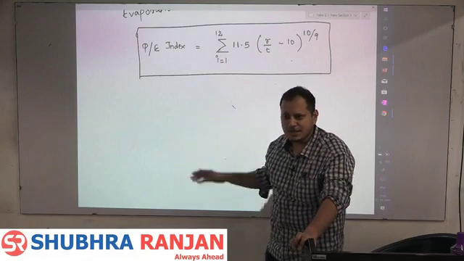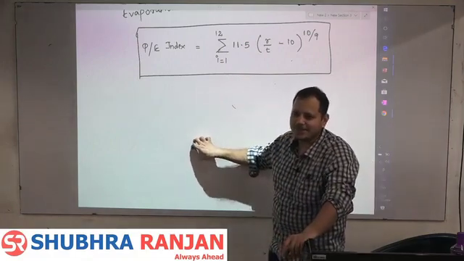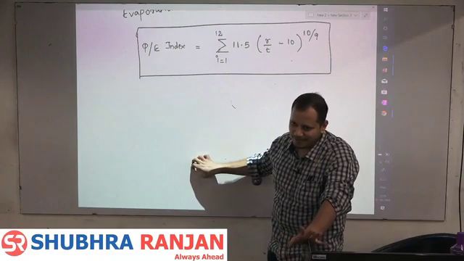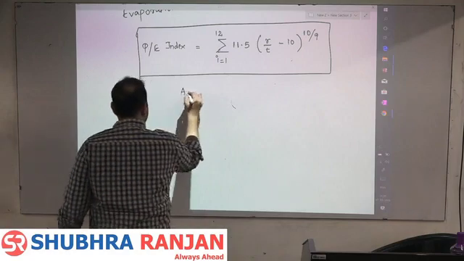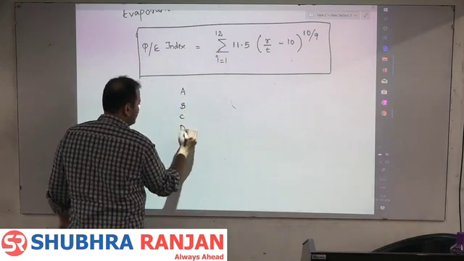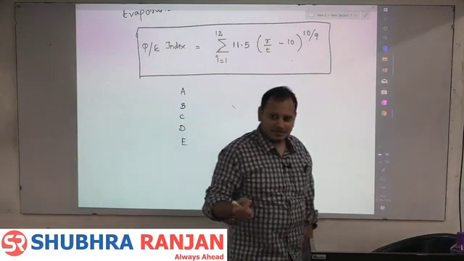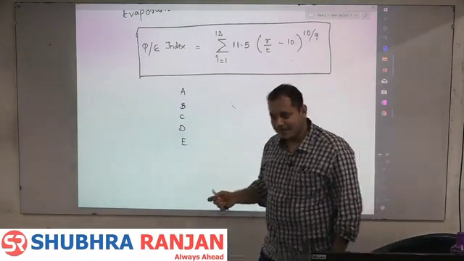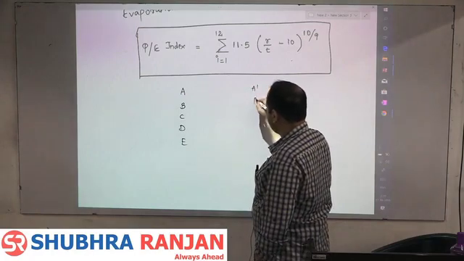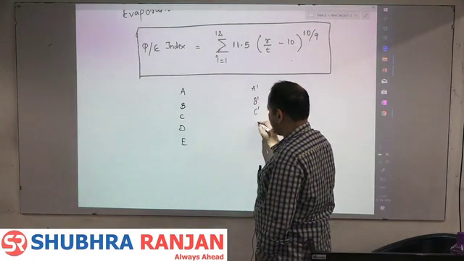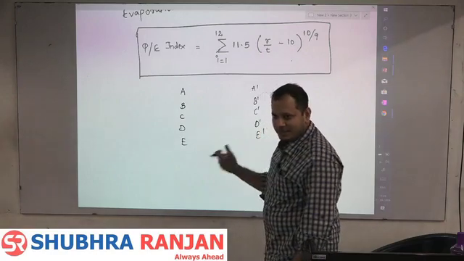Based on this, he divides the provinces into A, B, C, D, E, just like Köppen. Then he will calculate temperature effectiveness, and divide the provinces on that basis into A dash, B dash, C dash, D dash, E dash. Dash means temperature.